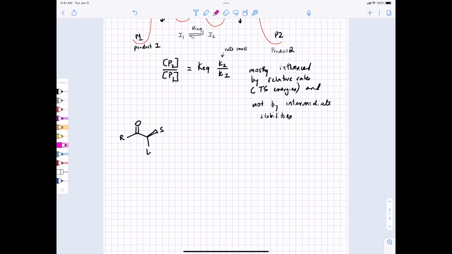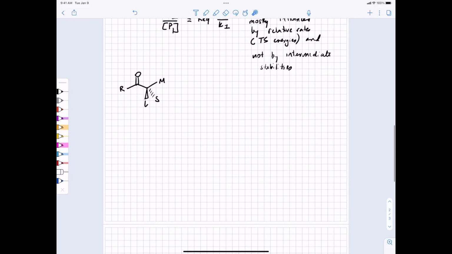Well, how do I want to do this? It's got sort of a medium group here, a large group here, and a small group there. And you'll recognize this as a stereocenter, which means that the top face and the bottom face of this ketone are diastereotopic, which means there can be some selectivity for one versus the other.